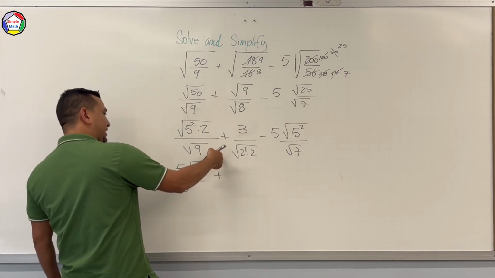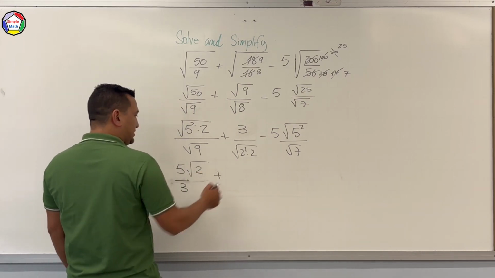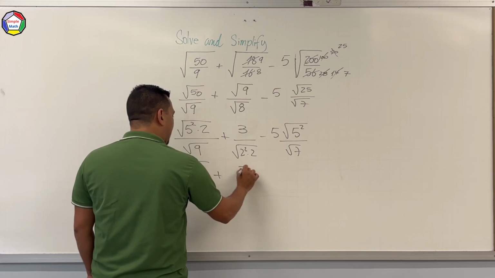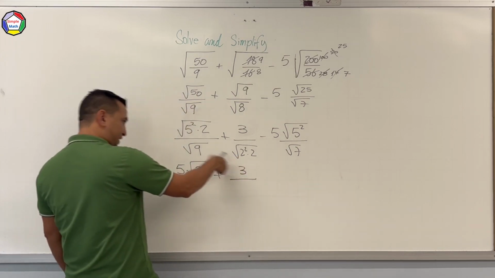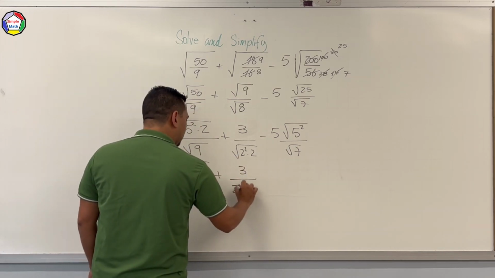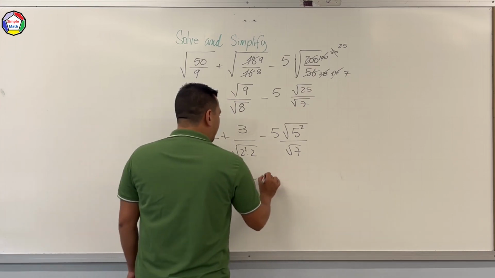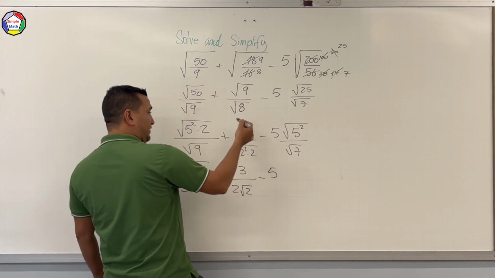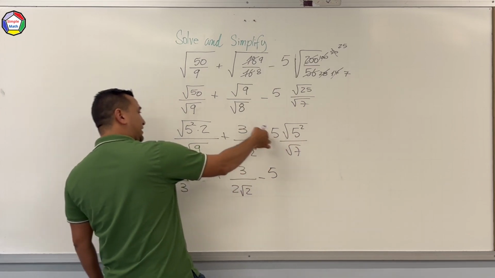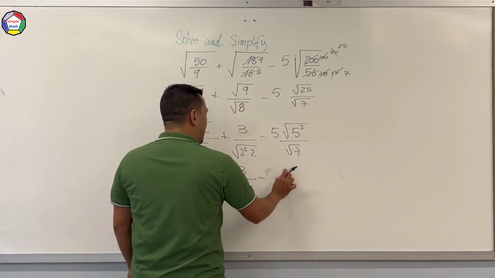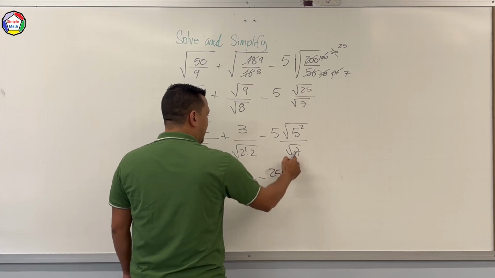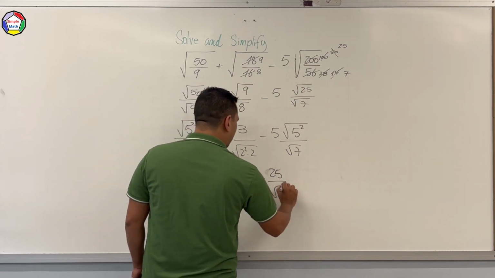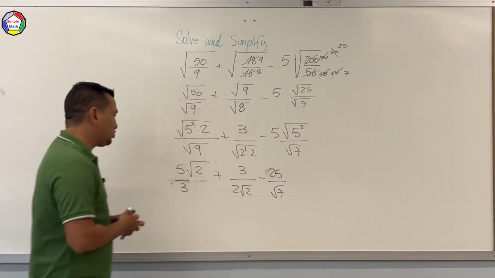Plus, I can take the 2 out. So we have 3 over, if I take the 2 out, we have 2 square root of 2, minus 5. If I take this 5 out, I have to multiply the 5 that goes out with this 5. So now we're going to have 25 over square root of 7, which is impossible to solve.